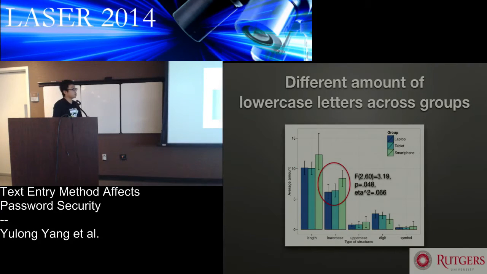Next, we performed the one-way ANOVA on the number of lowercase letters across the groups. The results showed there existed a statistically significant difference in the number of lowercase letters per password across groups. And you can see from the graph, the smartphone group actually created passwords with more lowercase letters.